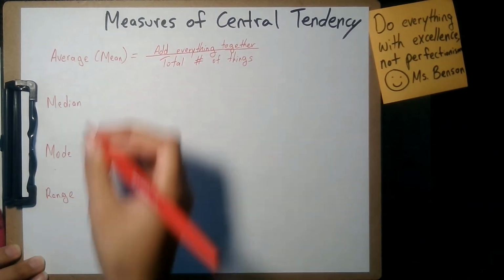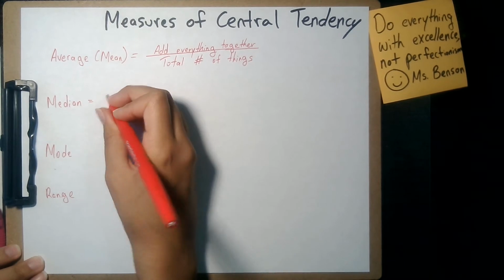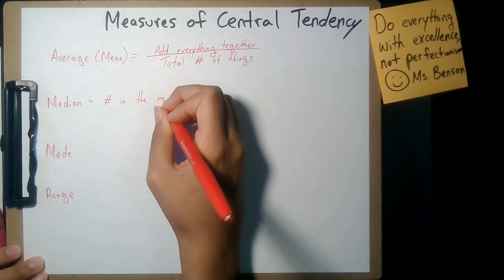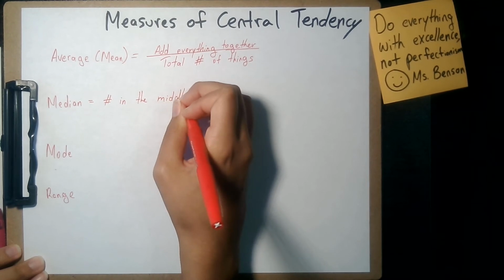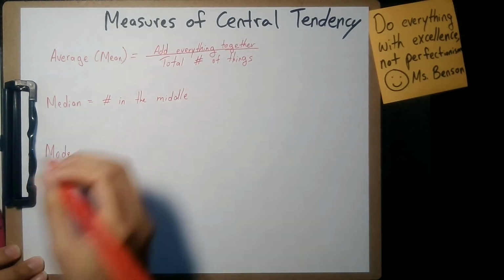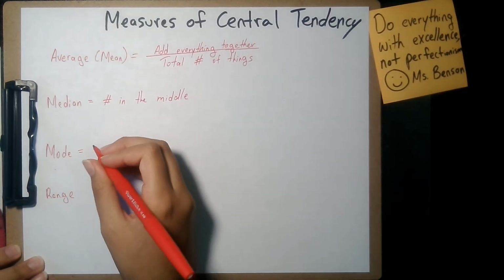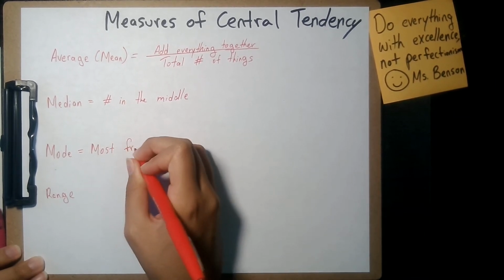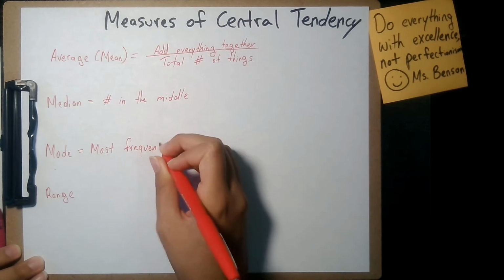The median is the number in the middle. The mode is the most frequent number, or most frequent value.